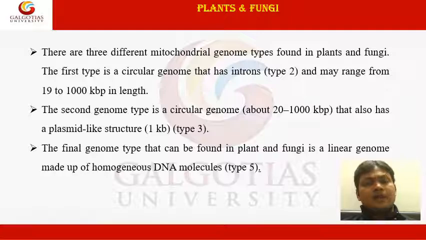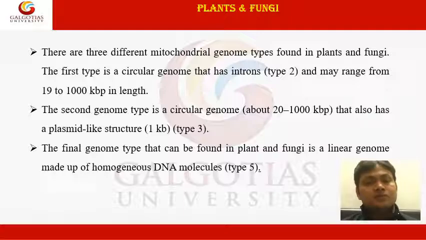Now the plants and the fungi. There are three different mitochondrial genome types found in the plants and the fungi. The first type is a circular genome which has introns, known as type 2, and may range from 19 to 1000 kilobase pairs in length.